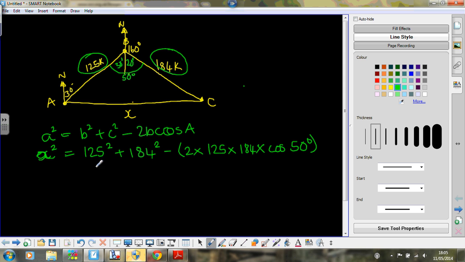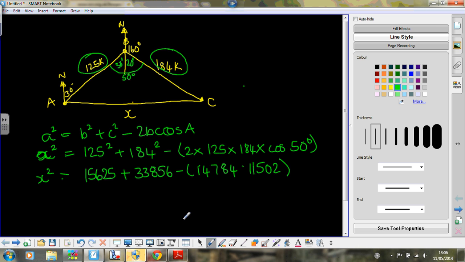So 125 squared is 15,625. 184 squared is 33,856. And then the bit in the bracket works out to be 14,784.5 times 11,502.